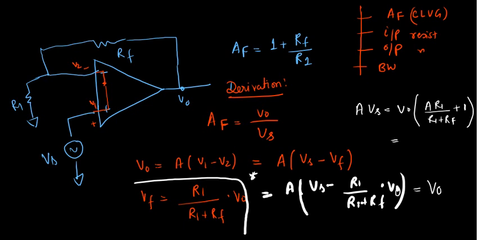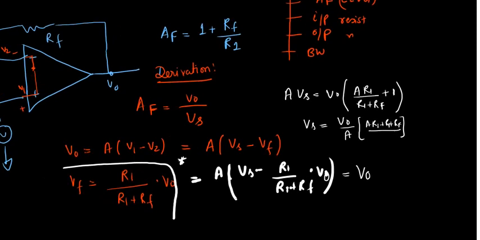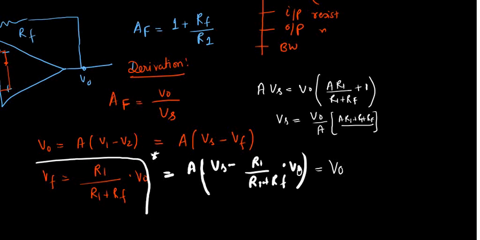So V0, this is your Vs divided by A times (A R1 plus R1 plus RF) divided by (R1 plus RF).